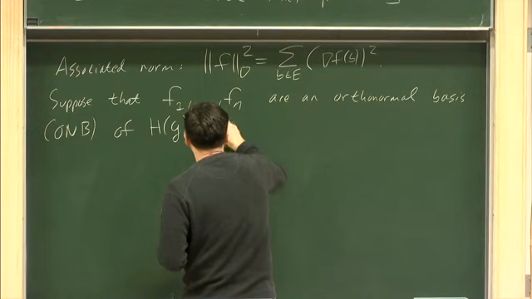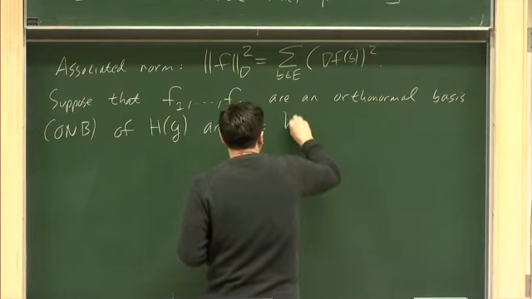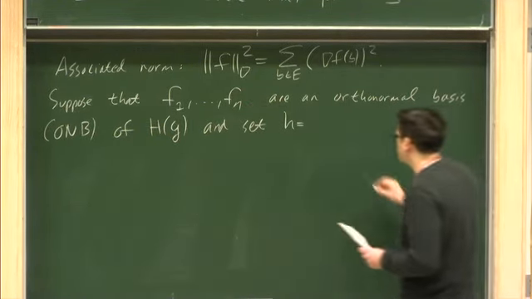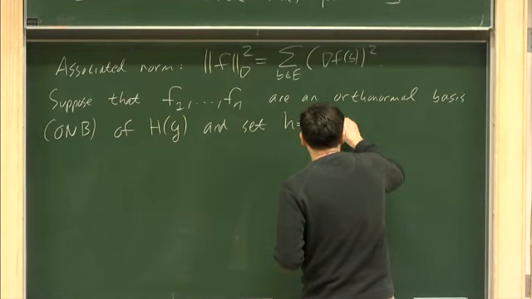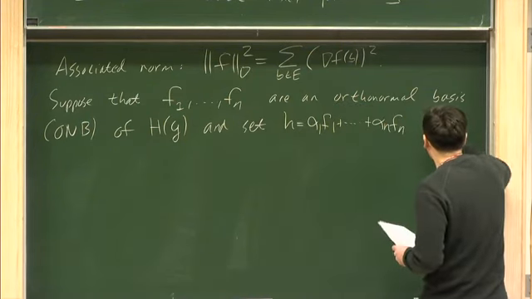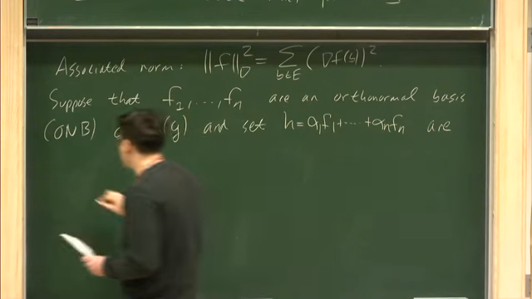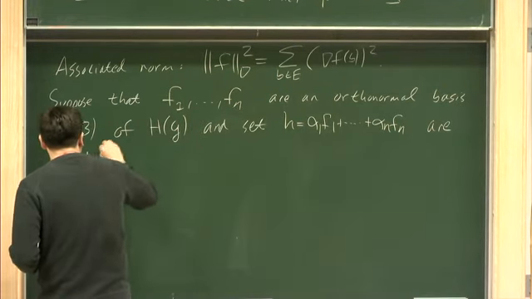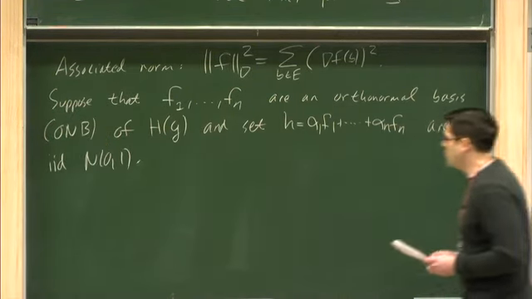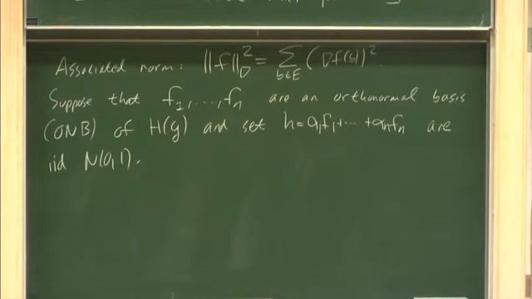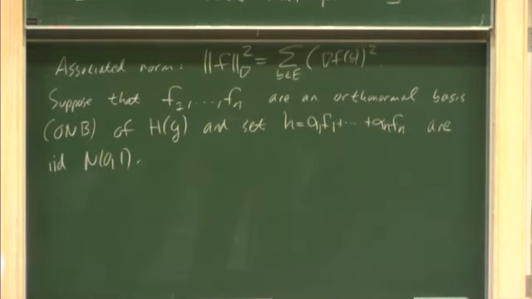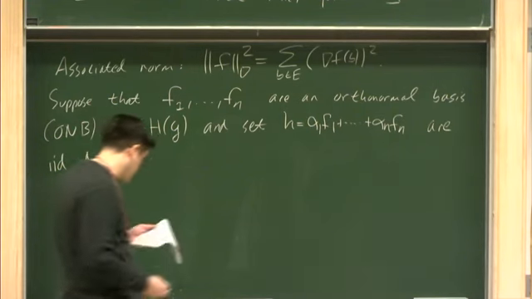I'm going to set h to be a random linear combination of these basis elements, where the coefficients alpha 1 up to alpha n are just IID normal 0, 1 random variables. Okay, so this defines another random function on my graph.